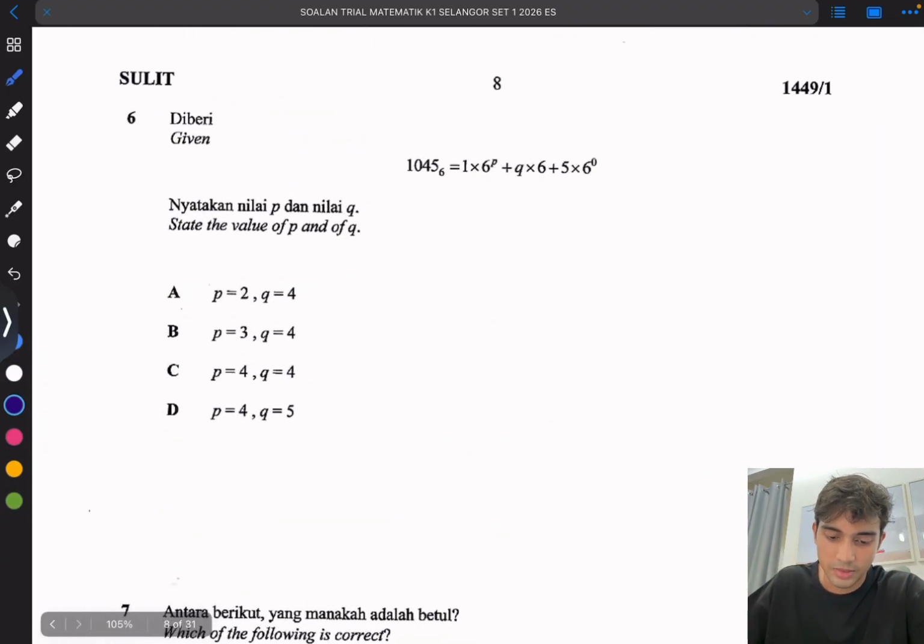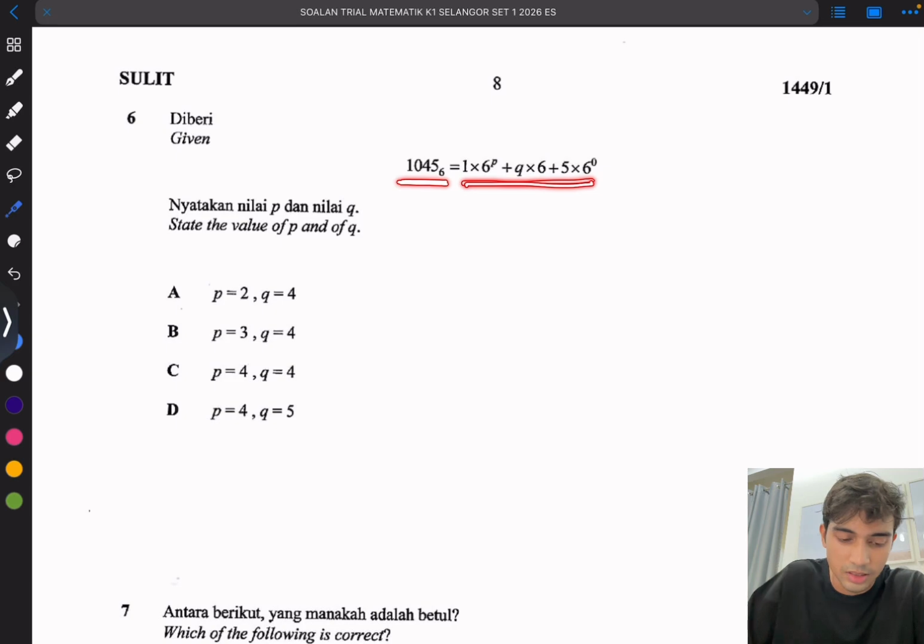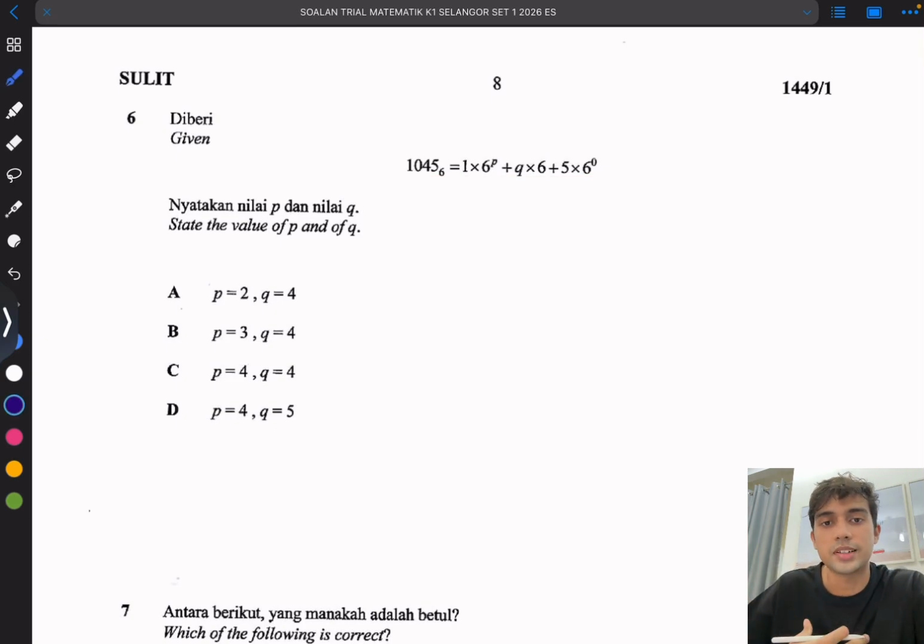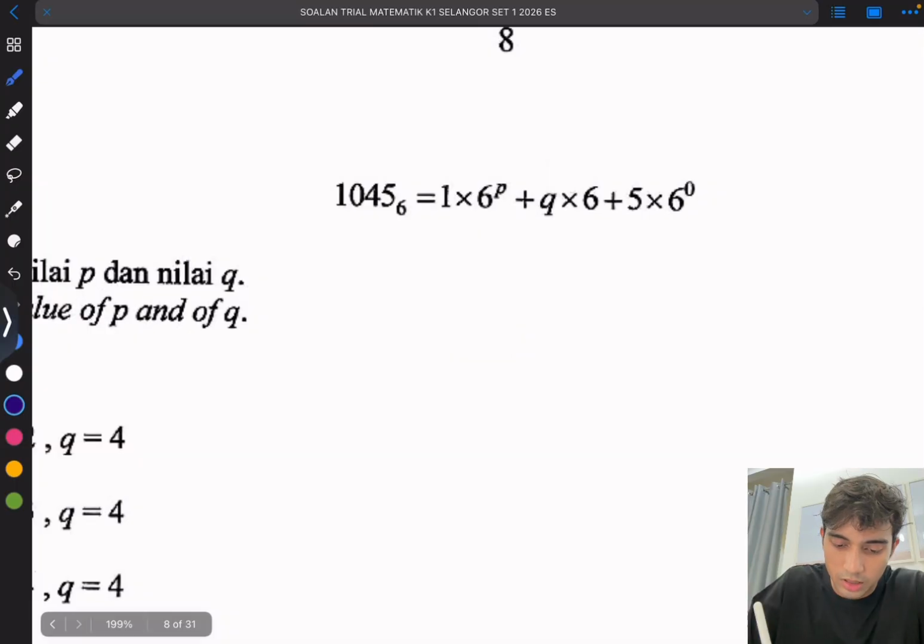Question 6. State the value of P and Q. Alright. So here this is our base 6. It looks like they are expanding it. Okay. What we do is we try to expand first, then we compare. So here this is 0, 1, 2, 3.